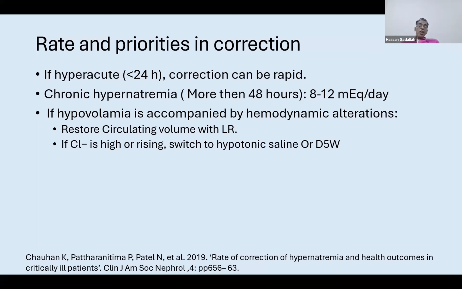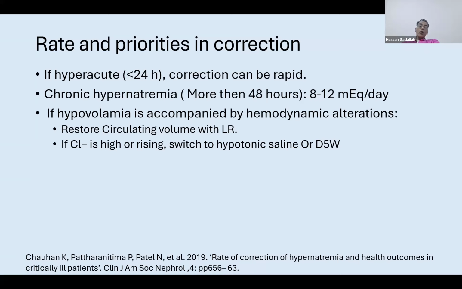In such cases, the restoration of volume usually takes precedence over sodium correction unless the hypernatremia is symptomatic. So we go to restoring the circulating volume with lactated Ringer's. And if, during restoring of this volume, the chloride is high, we might switch to a solution with lower chloride content, like 0.45% saline, or for some time dextrose water.